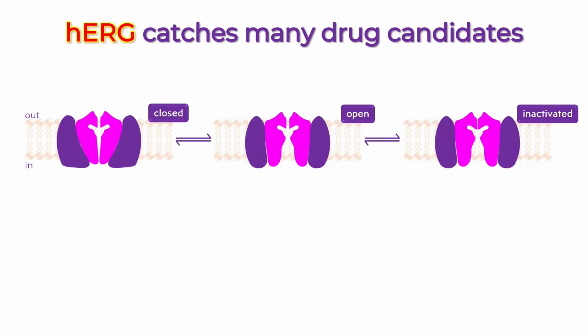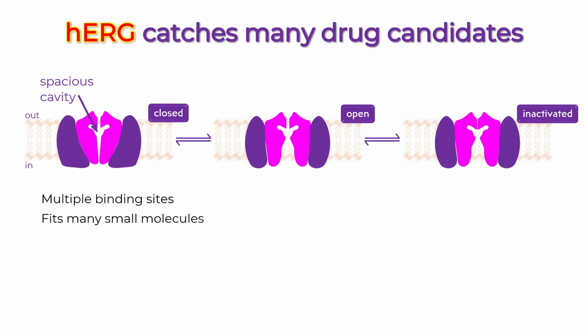Why do so many chemically unrelated compounds interact with hERG? The channel contains a spacious central cavity below the selectivity filter, with several aromatic and polar binding sites. That combination can accommodate a wide range of small molecules. Many blockers enter from the cytoplasmic side when the channel is open, and they physically obstruct potassium flow through the channel.